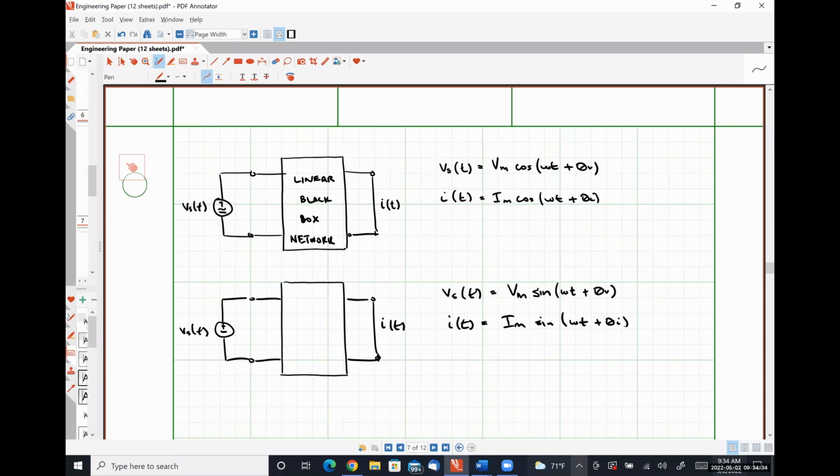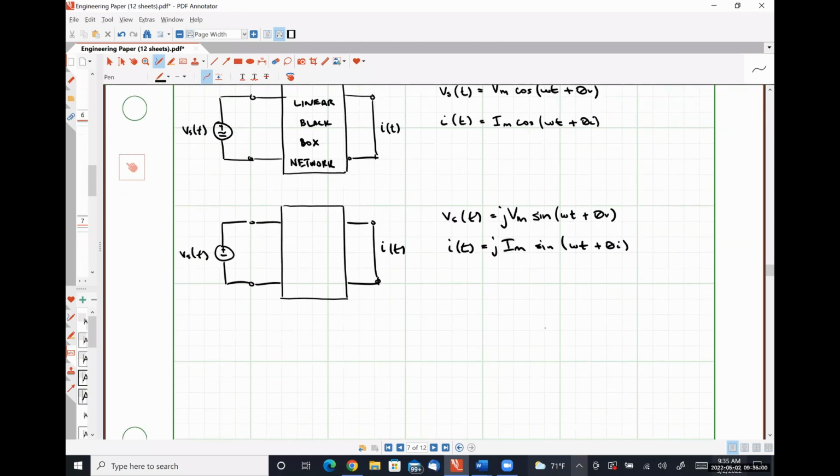Well, I'm going to scale my input here by a factor of j, our imaginary operator, which means I should observe that my output is scaled by that exact same thing. J doesn't vary with time or anything like that, so it shouldn't mess with the behavior of my linear black box network.